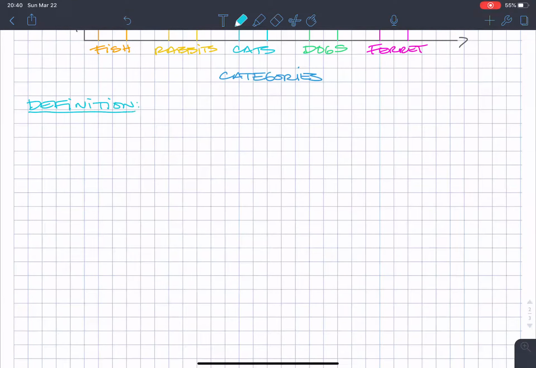Now we're going to define a pie chart. So a pie chart is exactly what it sounds like. That's what we're defining. So it cuts a circle into wedges. Two wedges or pieces of pie, right?